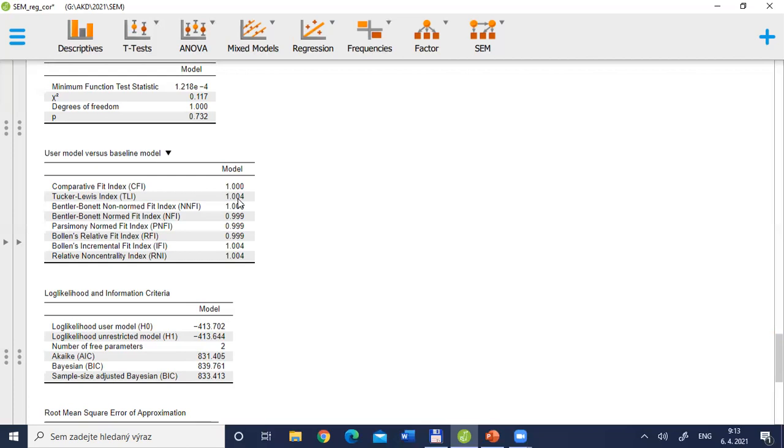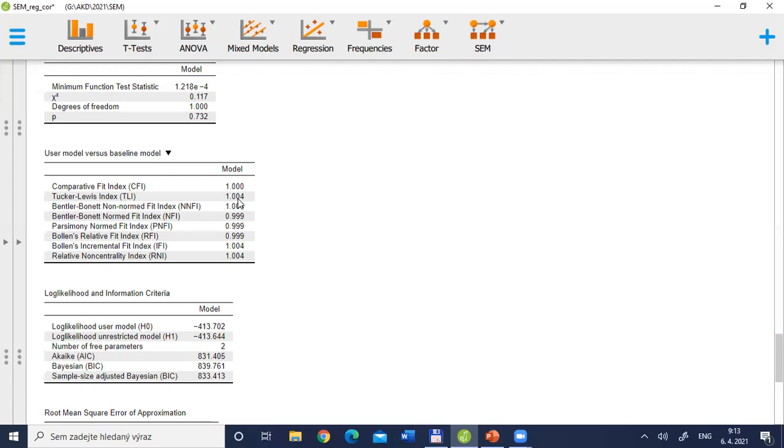The recommendations related to these fit statistics are the following. If these values are approximately 0.9 or higher, it is a symptom, or maybe a small recommendation, that your model could be useful.